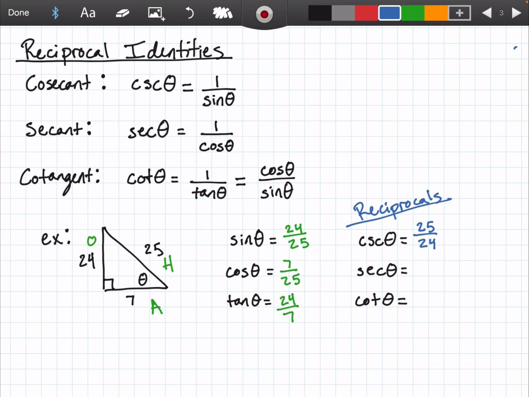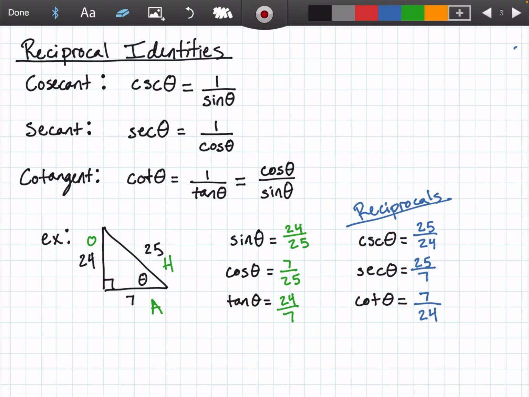Since cosine was 7 over 25, the secant is 25 over 7. Tangent is 24 over 7, which means cotangent is going to be 7 over 24. And so that's all that's taking from a triangle perspective. I'm just finding reciprocals. Not a super big deal.